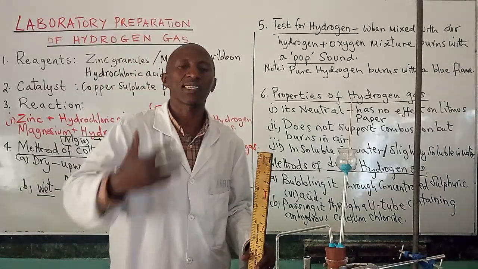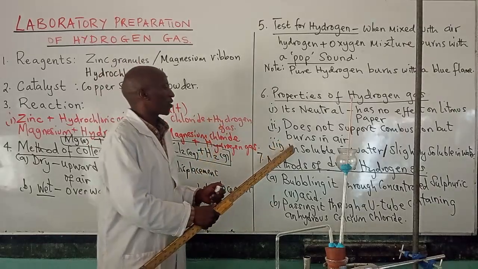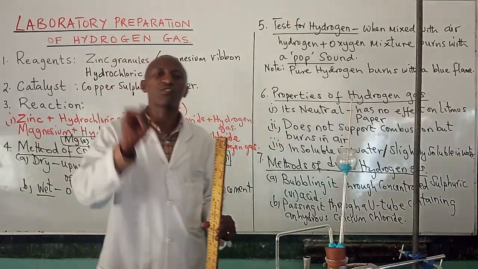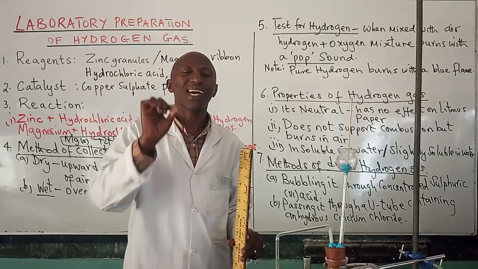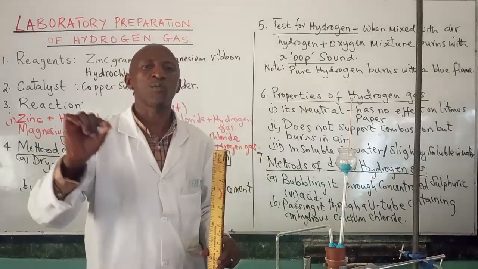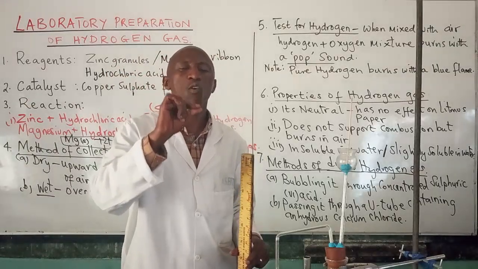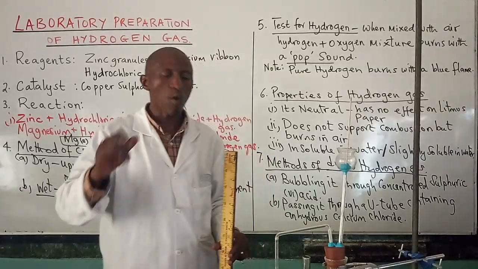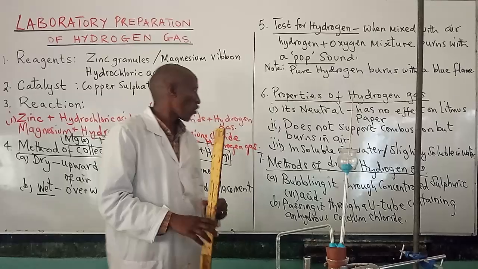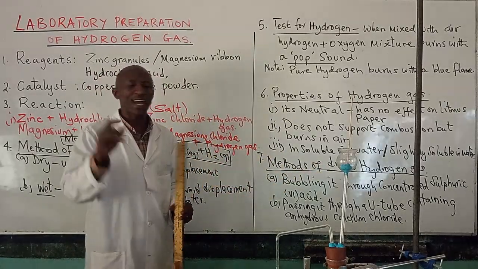It does not facilitate the burning process. Number three, we talked about it being insoluble in water or just slightly soluble in water. The percentage that will dissolve is very small. So we say slightly soluble in water or insoluble in water. Both are acceptable.